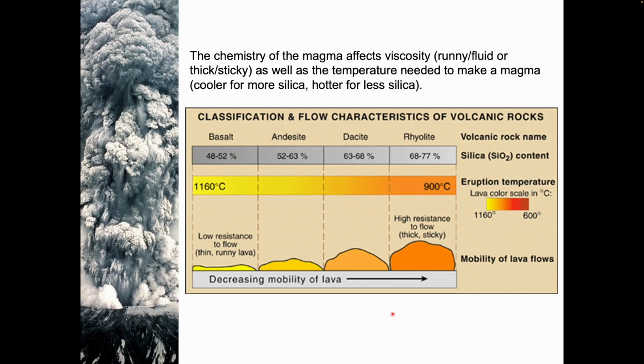The chemistry of your magma, primarily the silica content in fact, affects your viscosity, which is the runniness, the fluid nature, or is it thick and sticky of your lava, as well as the temperature needed to make a magma. A cooler magma makes for more silica, a hotter magma has less silica. So with viscosity, your basalt, low silica, high temperature, has a very low viscosity, so it's very thin.